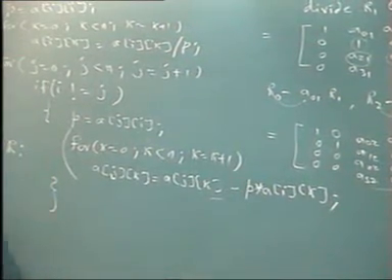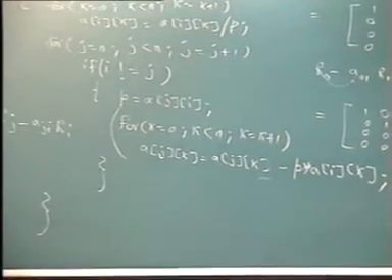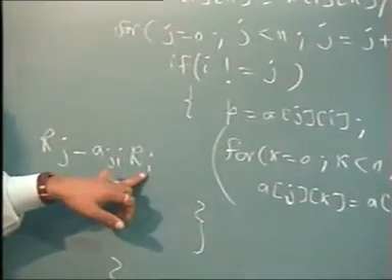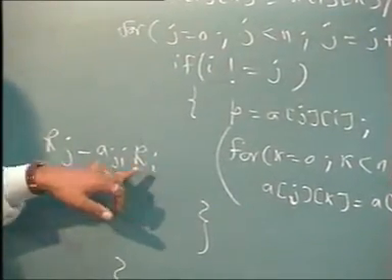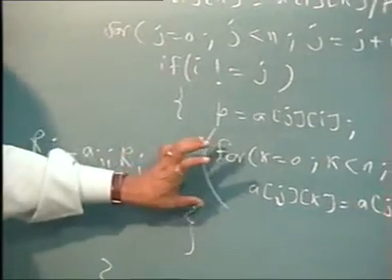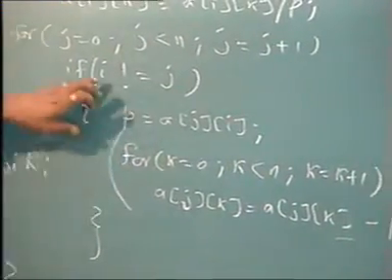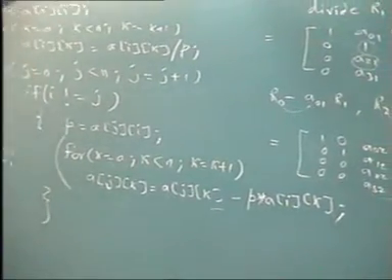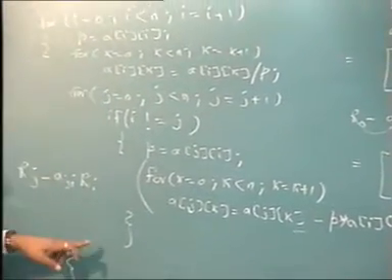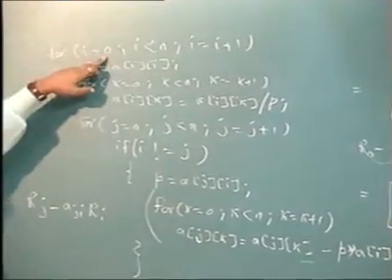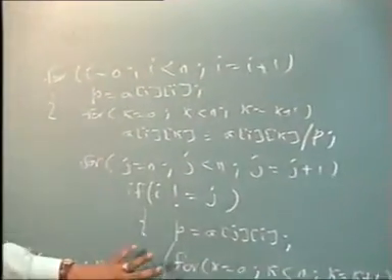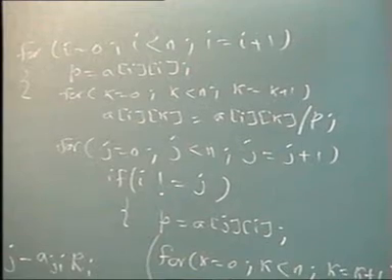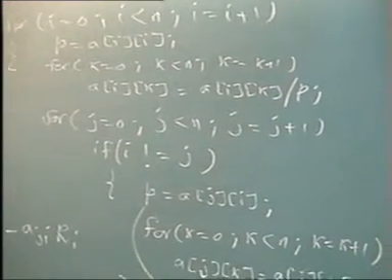This is rj minus A of ji times ri. But r means all n elements. That's why I require a loop to be performed when i is not equal to j. So this will be the whole generalization. Ith row will be subtracted from all the other rows. Then i plus 1, first row will be subtracted from all the other rows. It is under i not equal to j. This is the way in which it should be done.